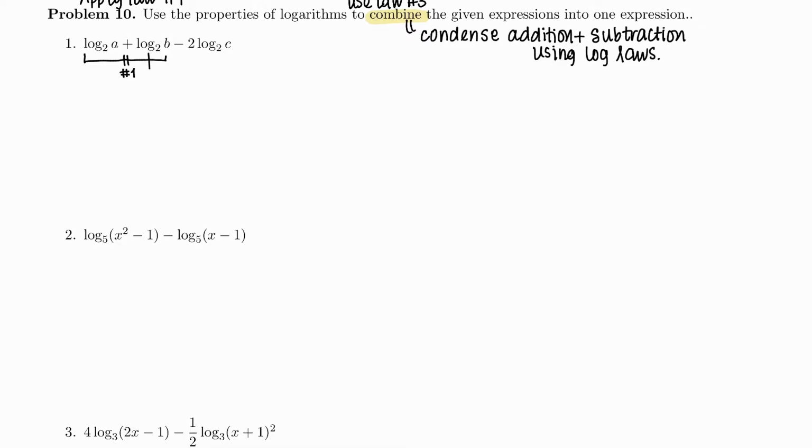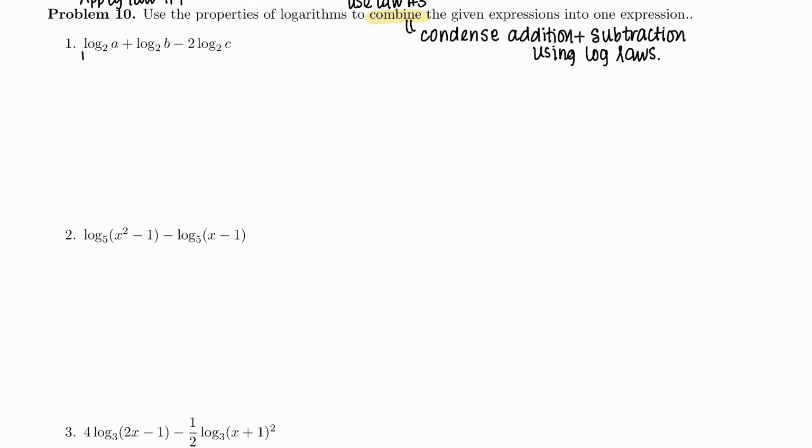Or can I use a combination of rules 2 and 3 to combine the log base 2 of b minus log base 2 of c squared? And the answer to that question is it doesn't matter. We'll end up with the same thing. But to avoid getting confused, I usually just go from left to right.